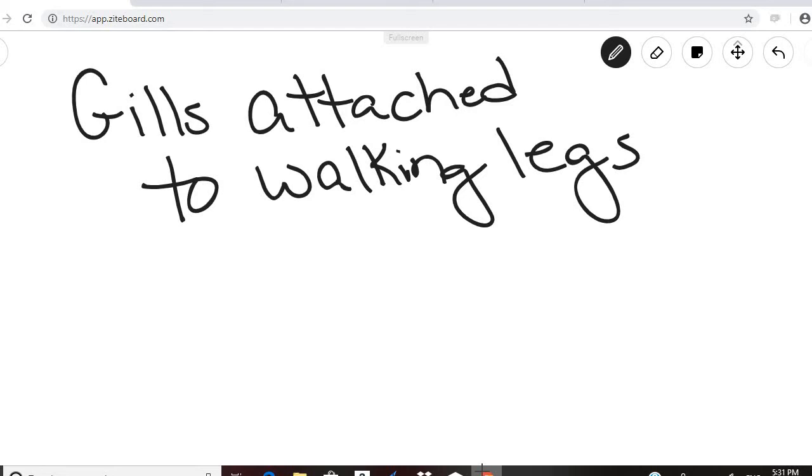And so when you dissect the crayfish, you'll be able to see how, when we move the walking legs, it also opens up the gills.